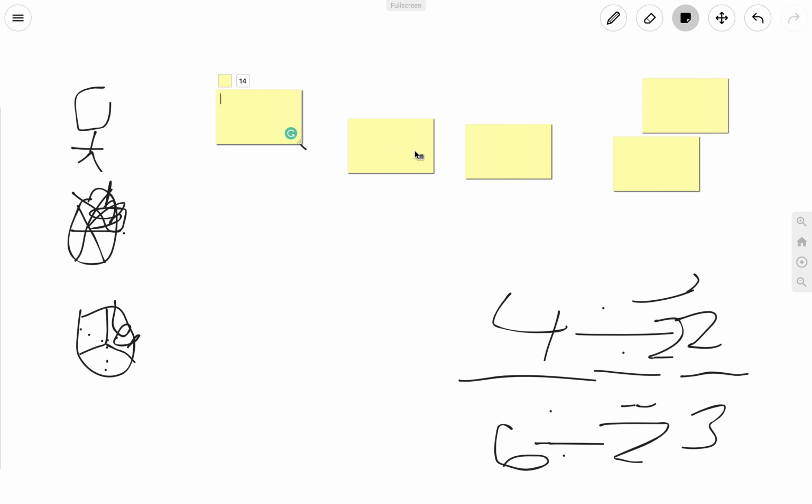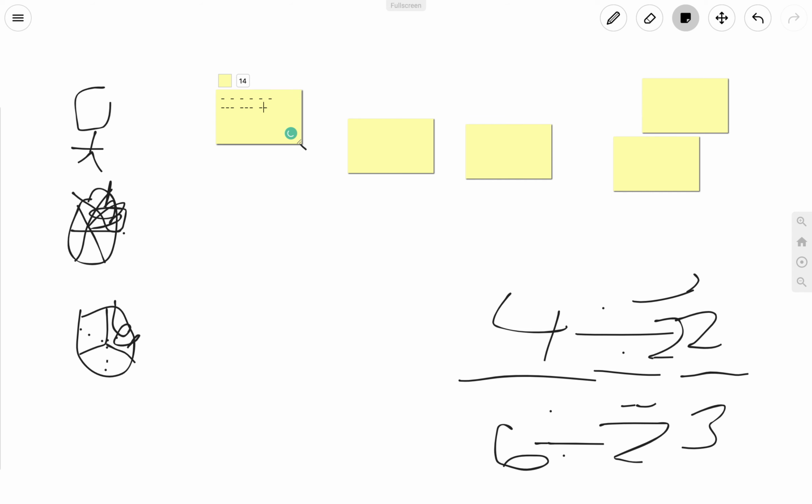Hold on. So let's just say O. So that's 6 right there, yes? That will equal 2, right? So as we can see, let's, yeah, that's stupid.